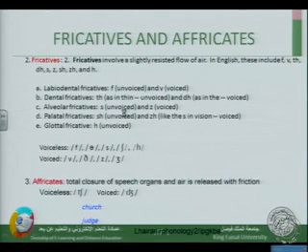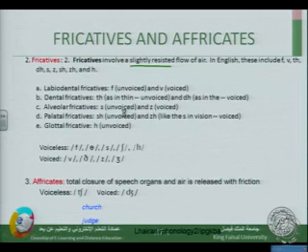Now the second type: fricatives and affricatives. Fricatives involve slightly resisted flow of air. Slightly resisted, a resistance but not blocked. Notice the plosives are blocked then released, while the fricatives slightly resist the flow of air.